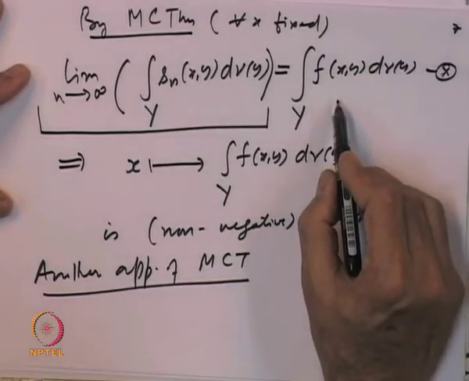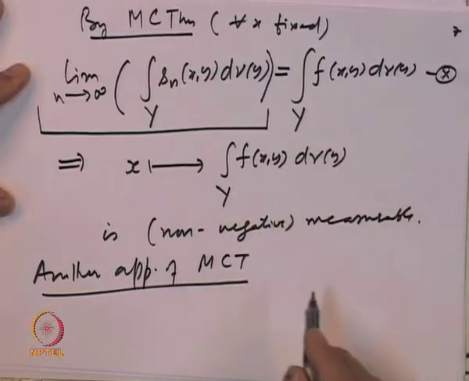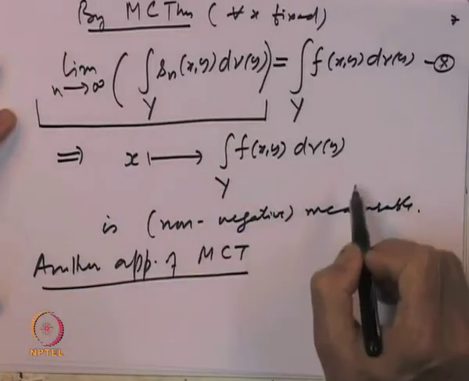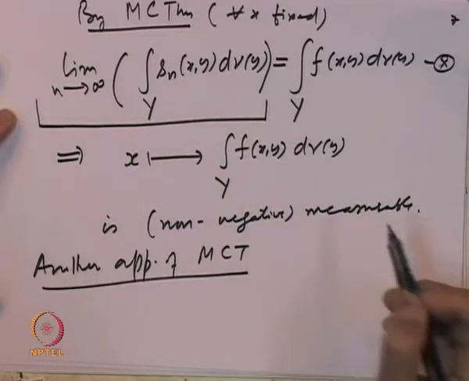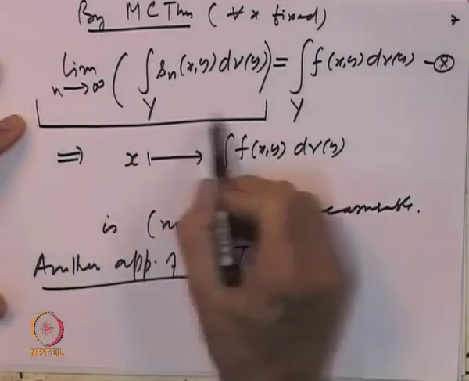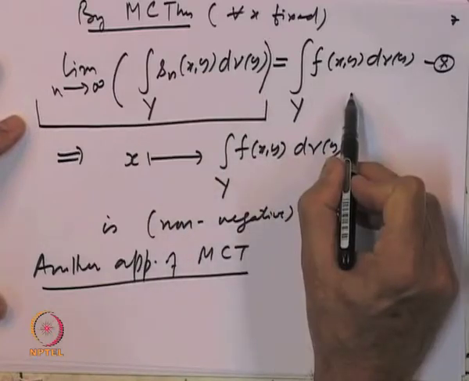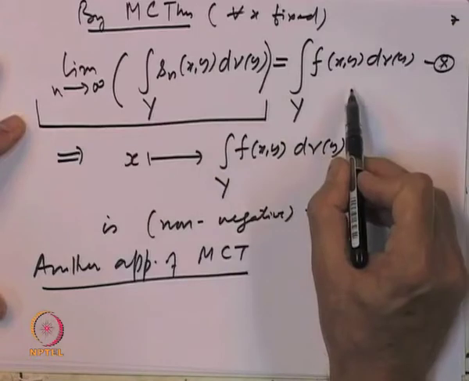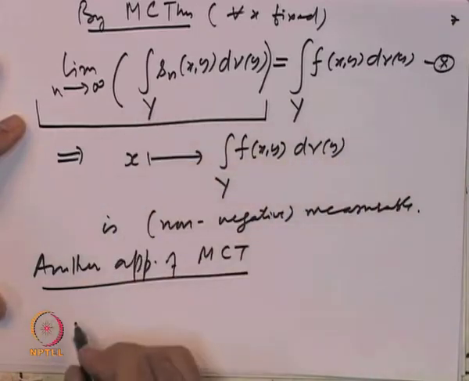So, let us write: the function x going to this is a non-negative measurable function. What is left to be proved? We want to integrate this with respect to mu. To this we apply the monotone convergence theorem, so we will get that the limit of these functions is this function, so the integral of the limit is the limit of the integrals.